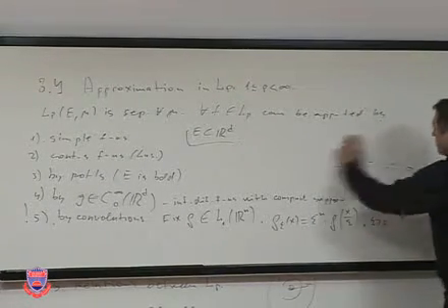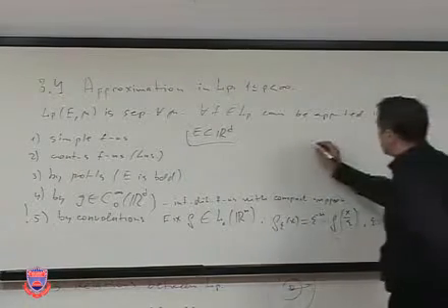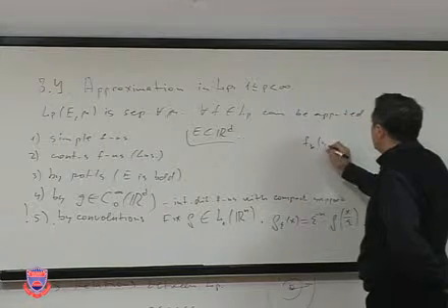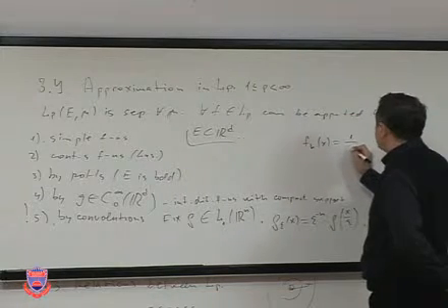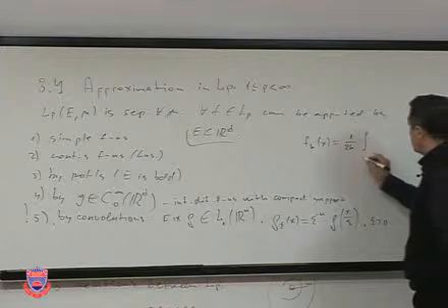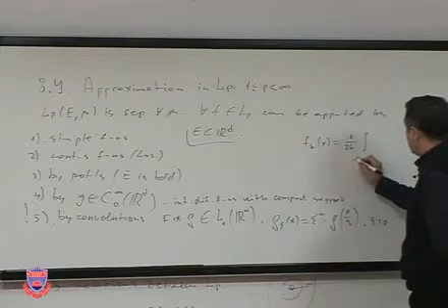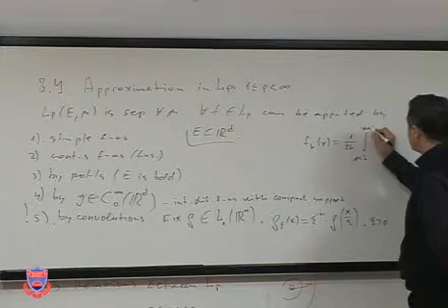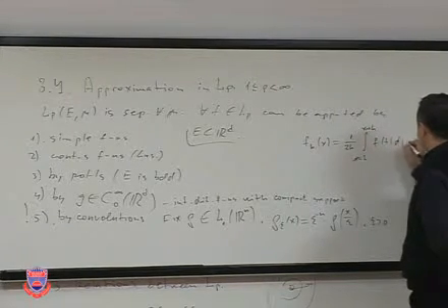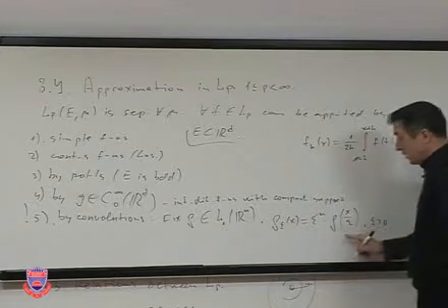What is a Steklov function? Steklov functions are defined maybe in this way: 1 over h, as I gave you, or 1 over 2h, let's take 2h, and here we have the integral from x minus h to x plus h of f of t dt. So what is this? This is convolution.